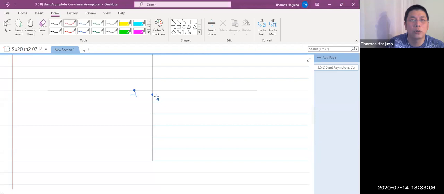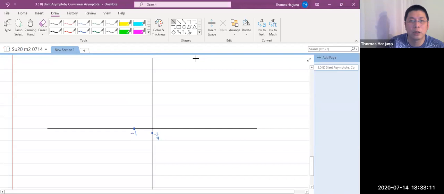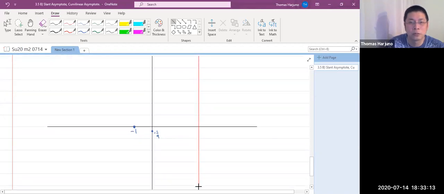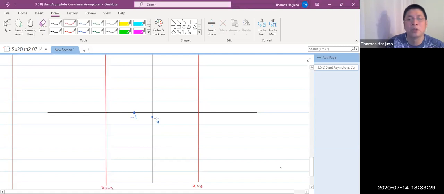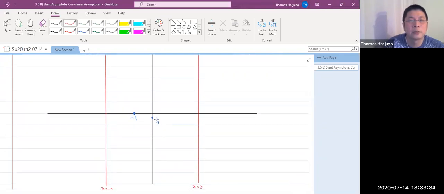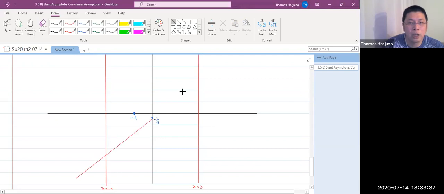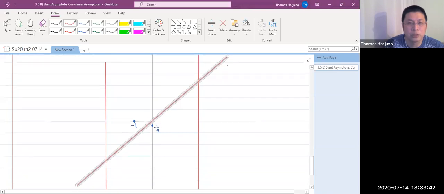Vertical asymptotes are x equals 3 and x equals negative 3. And then we have the slant asymptote, y equals x, approximately. It must cross the origin, right? So it looks like that.